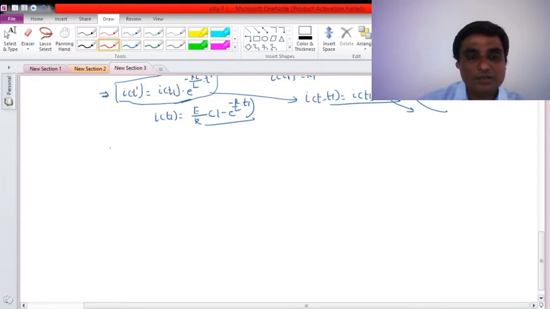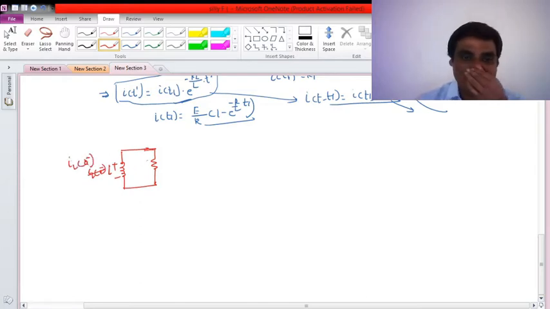Otherwise, what is generally found in the books is that the problem is an inductor connected to a load resistance. And what we used to get was the initial current, IL of 0 negative, and this will be my RL.